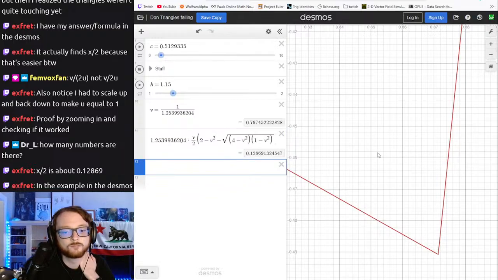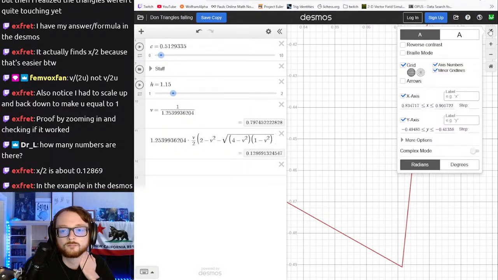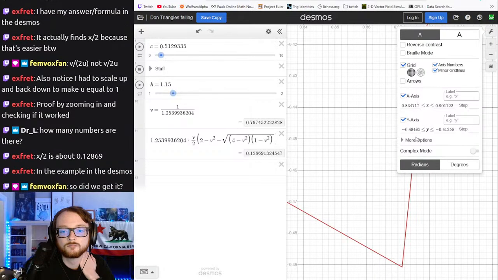Hmm. Is there a way to like just reset the view? I don't know.